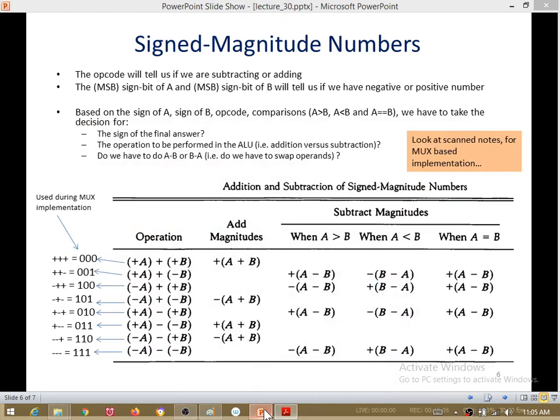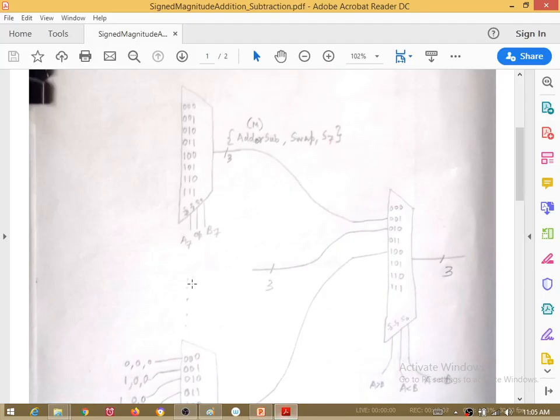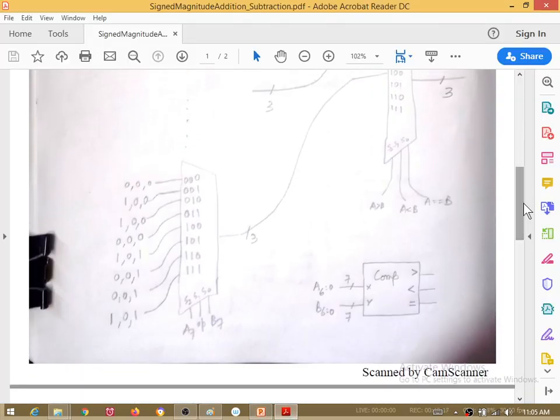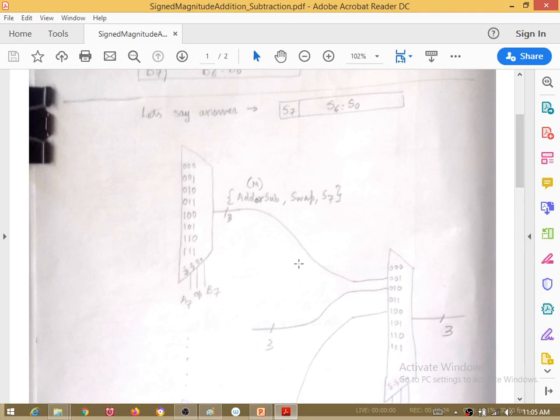Similarly, if I am talking about the central mux that will go in here, then obviously I have to take a look at this part of my chart from here, and so on. So I have given you an example for the last one, which is basically when A is greater than B. I suggest that you try out on your own what are the inputs to the mux here when A is equal to B and when A is less than B.